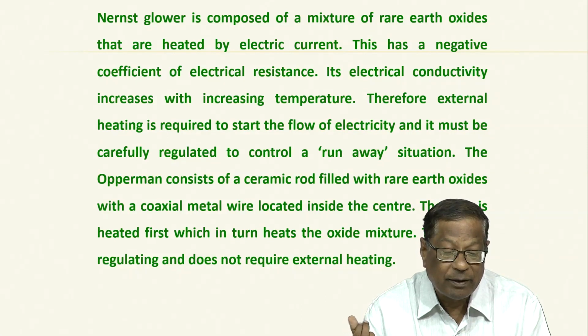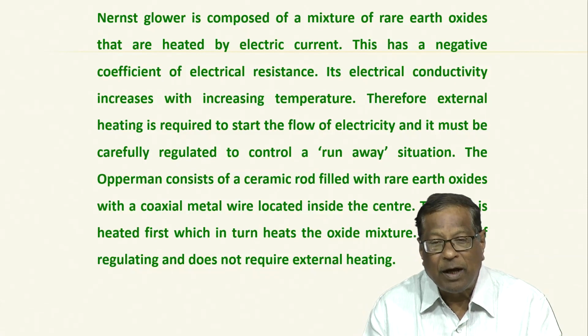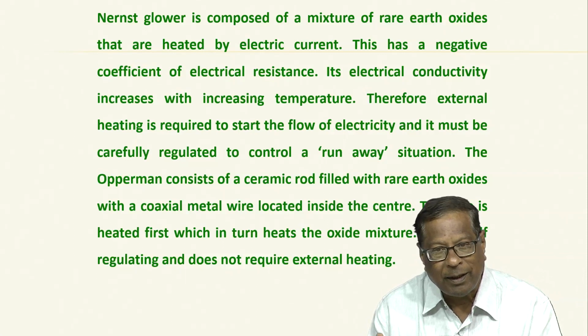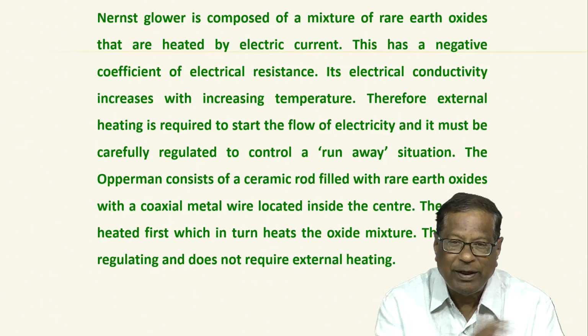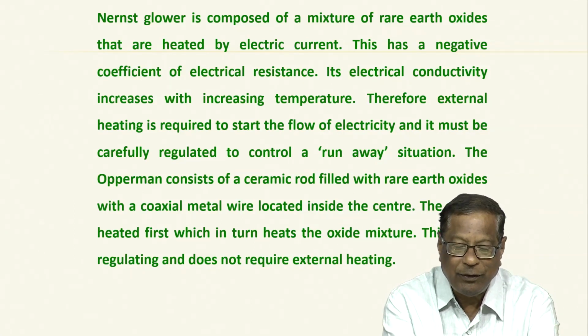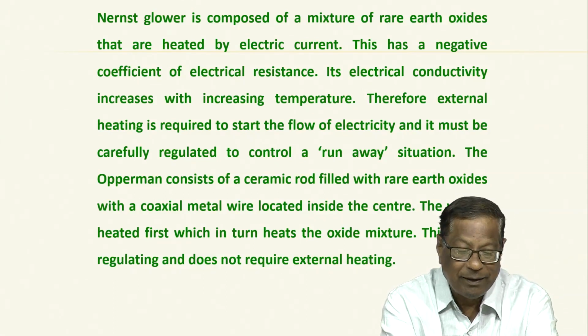So, it must be carefully regulated to control a runaway situation. For example, if you uncontrollably heat, then the rare earth oxide will also get heated to very high temperature, and we do not need that, because its life also will go down. So, it may start heating unnecessarily to very high temperatures, which is not ideal.